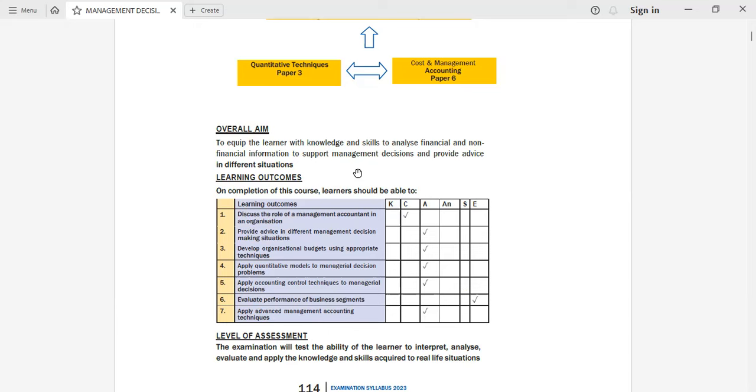You may find scenarios where a student will be required to analyze them, know what the examiner wants, and therefore give the solution.